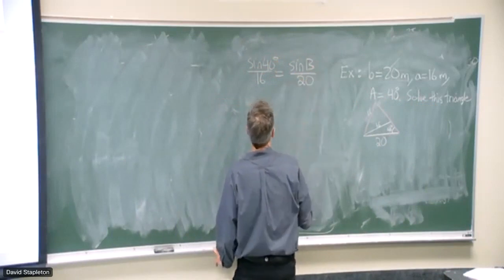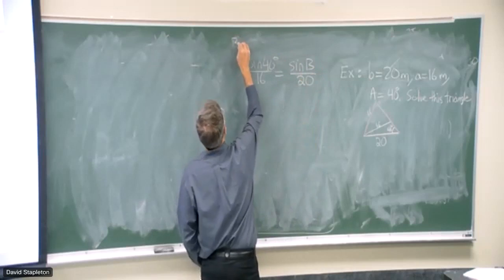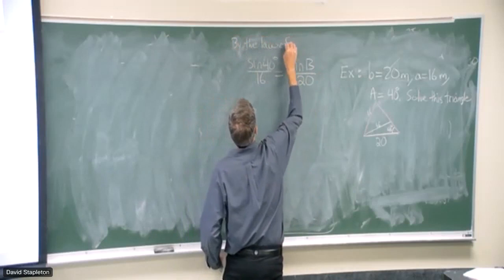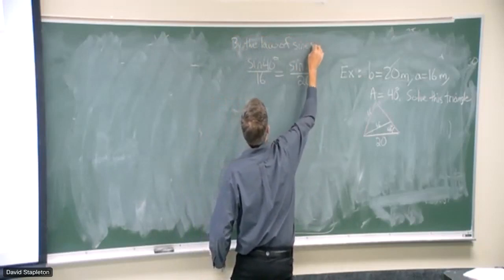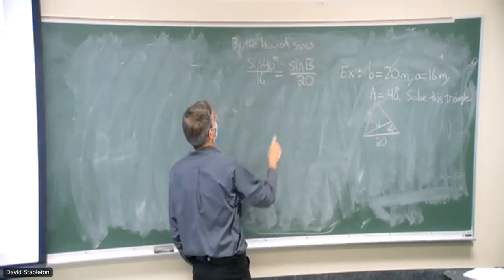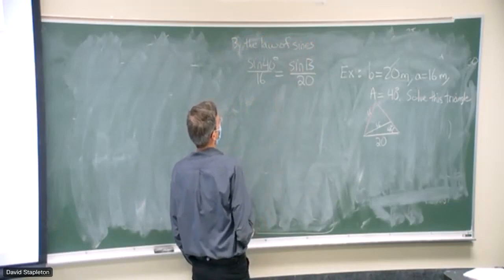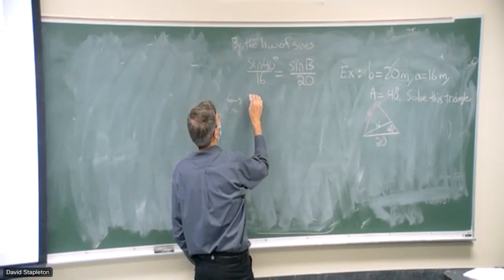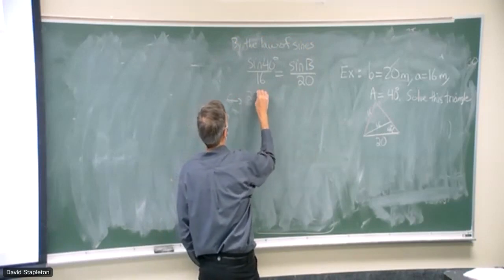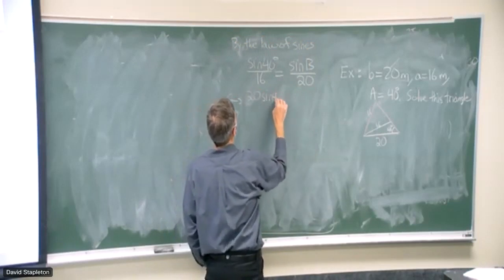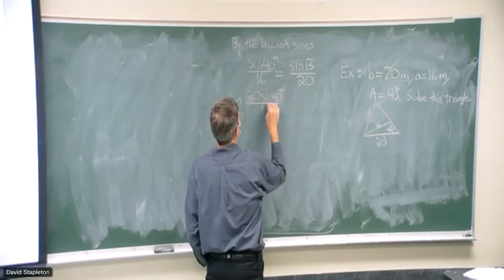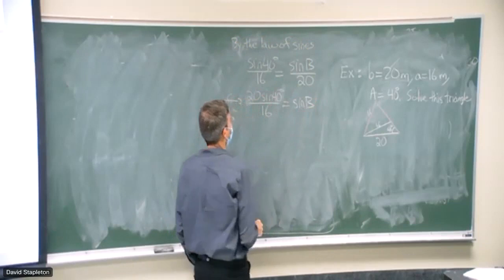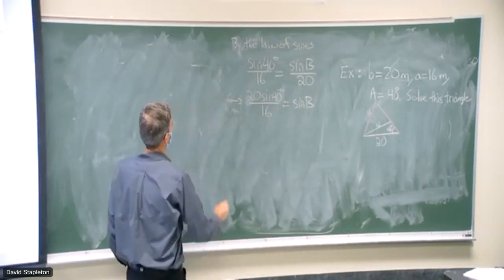It's the equation I get by the law of sines, and it's set up so I only don't know one measure, that's the angle B. So I'll multiply by 20 and say that 20 sine 40 degrees over 16 is equal to sine of B. And now this is going to break up into two cases.